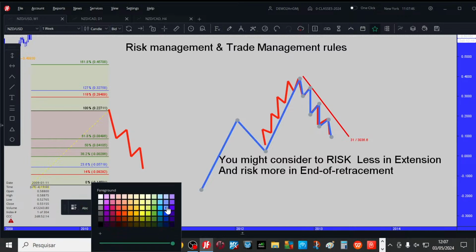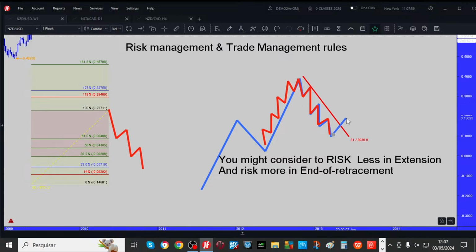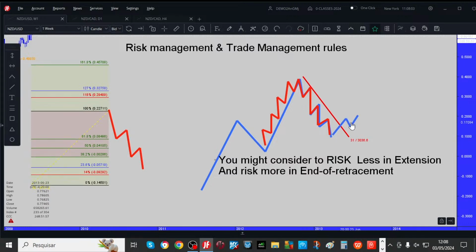Blue color, all right, all good. So you might consider to risk, as an example, just an example, you might consider to risk 1%.